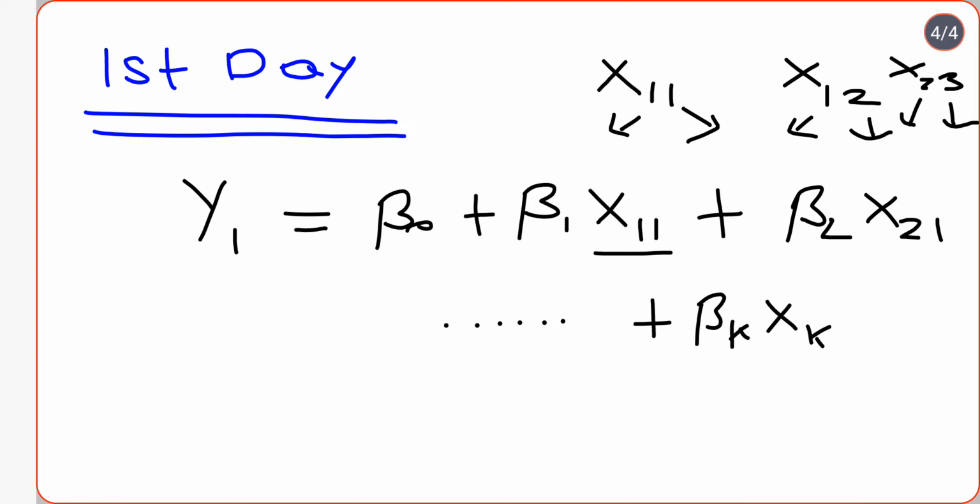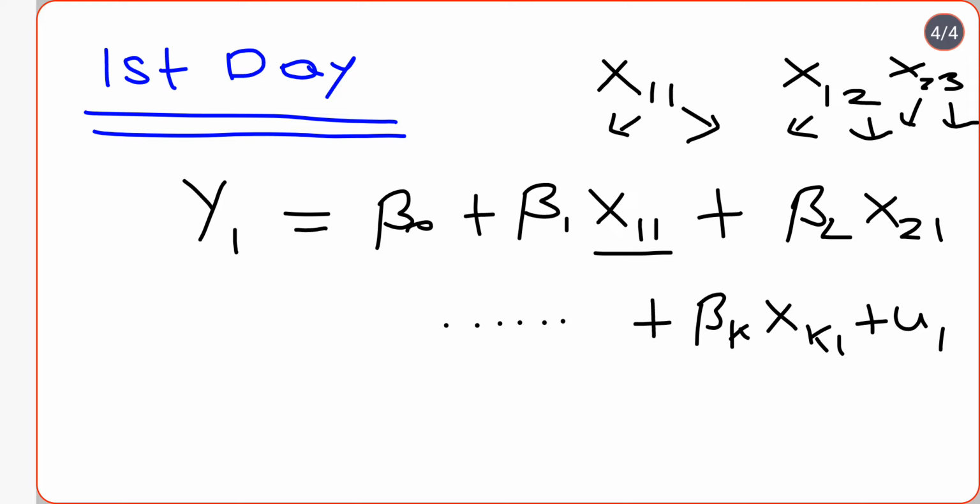Beta k xk1, not xki but xk1, is nothing but the production of potato in that particular year, or in the first year, plus ui, or you may just give it u1 also.